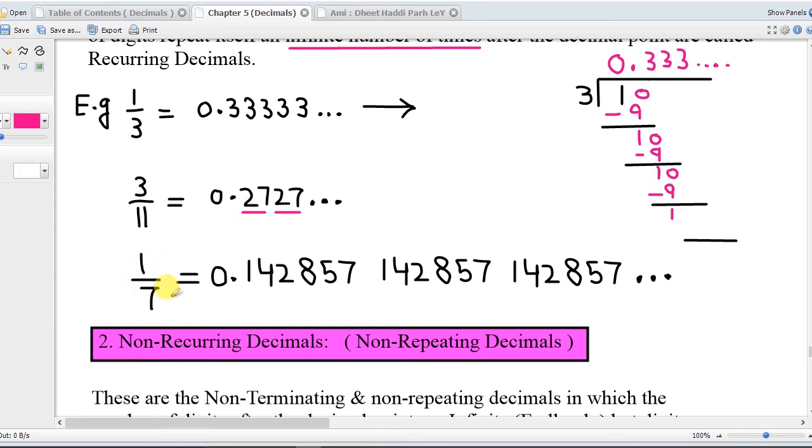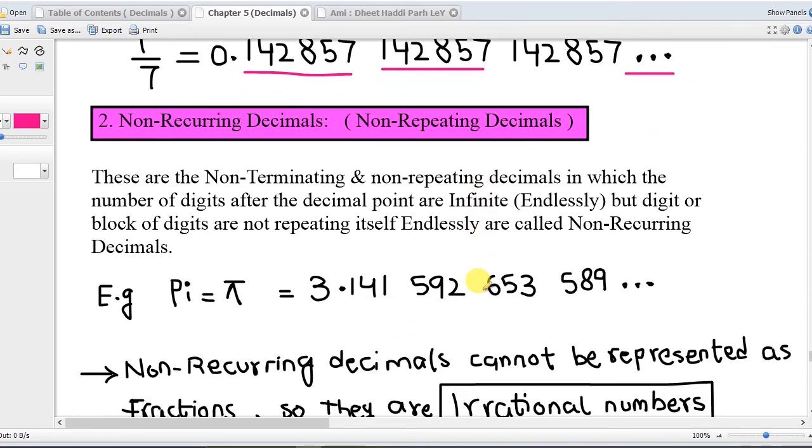And similar is the case with the third example. The numbers keep on moving, there is no end, so it's non-terminating, plus the numbers repeat themselves with a certain pattern after a regular interval, so they are recurring or repeating, right?